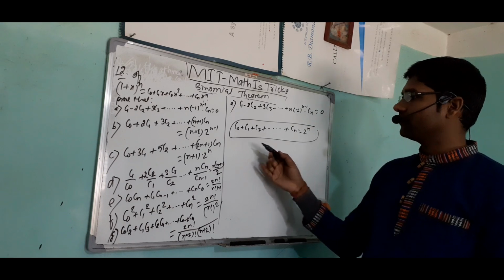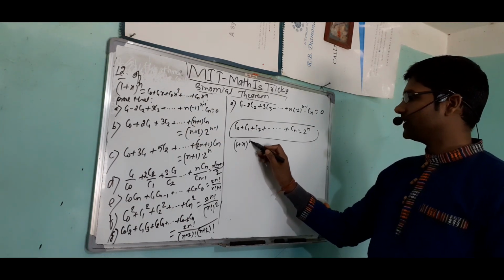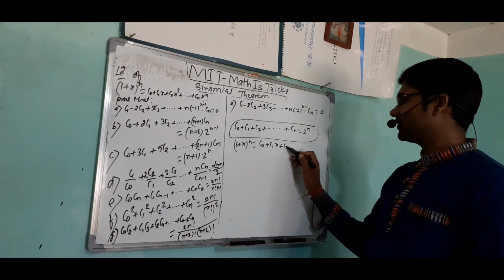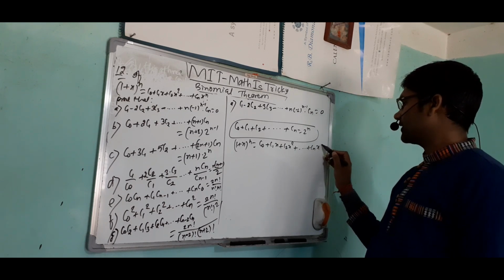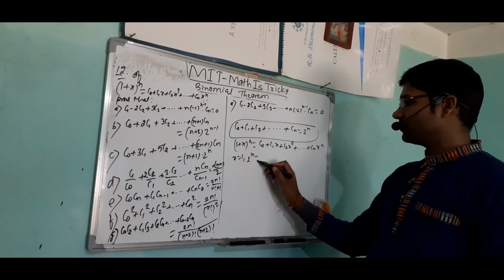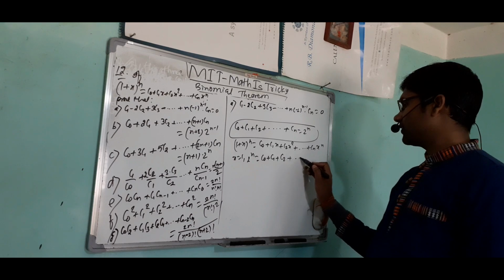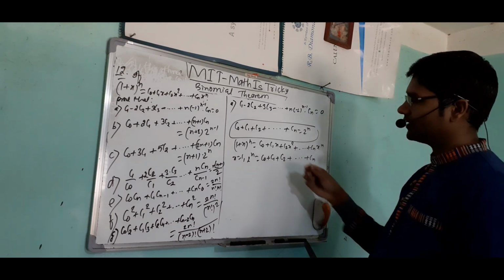This we can get from here: we are given 1 plus x power n equals c0 plus c1 x plus c2 x square plus dot dot dot cn x power n. So if you put x equals 1, we'll get 2 power n equals c0 plus c1 plus c2 and so on up to cn. So directly I'll be using this.